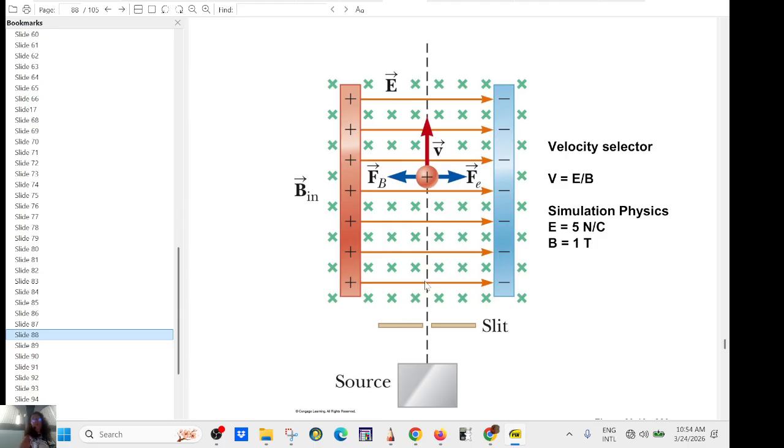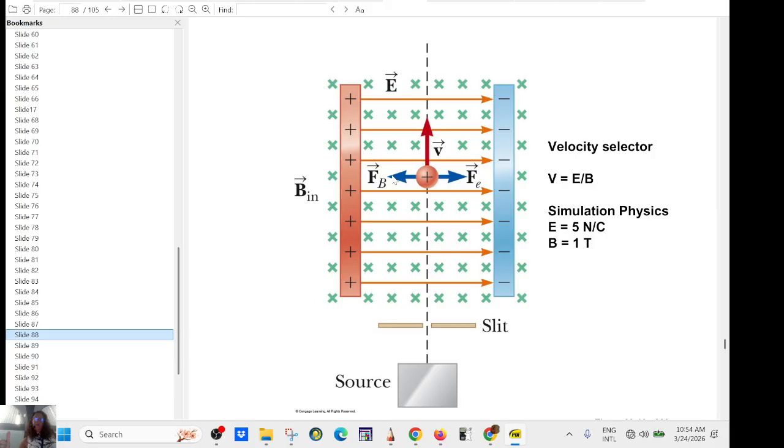If the velocity is coming there and it's positive, and the magnetic field is into the board, do you all agree the magnetic force will be to the left? Velocity up, magnetic field in, force is to the left. Do you all agree?